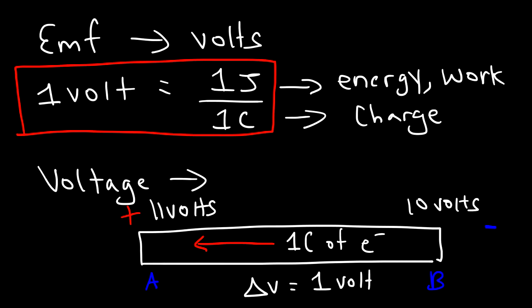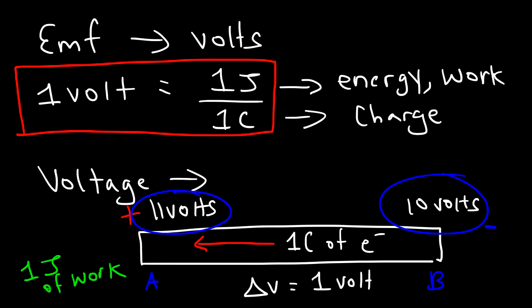And so if 1 coulomb of electrons flow from B to A, through a potential difference of 1 volt, as it goes from B to A, it can do 1 joule of work. So make sure you understand that. Voltage is the difference between 2 electric potential values. So both electric potential and voltage have the same units, volts.